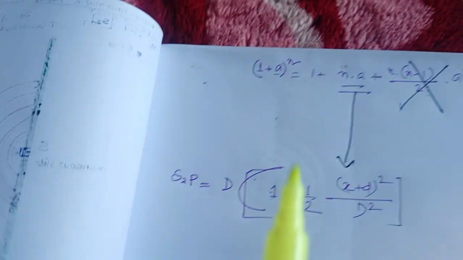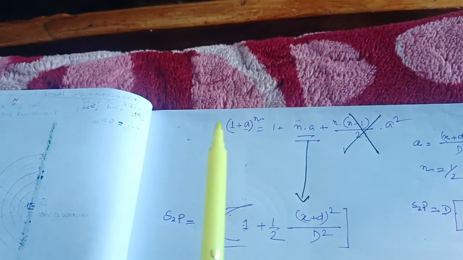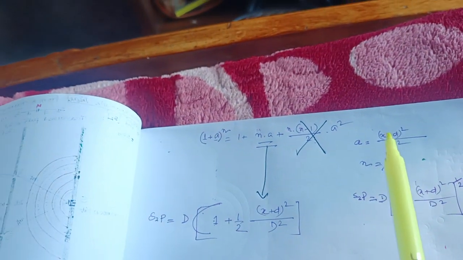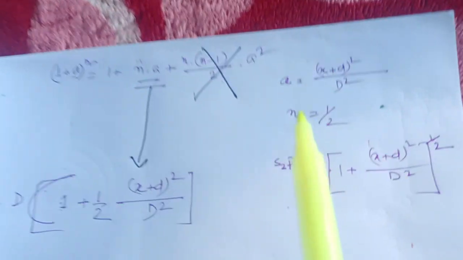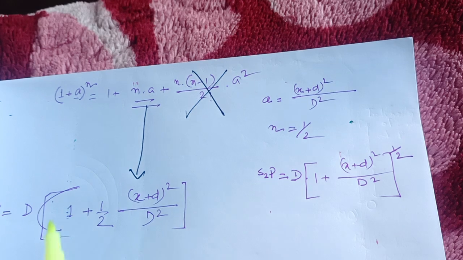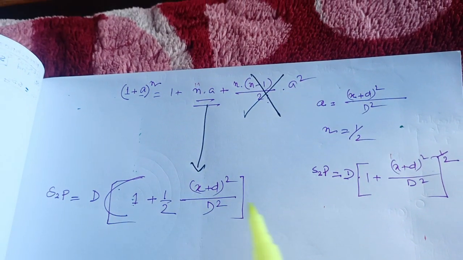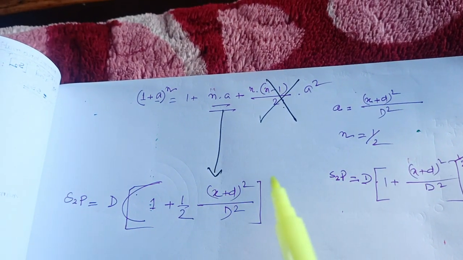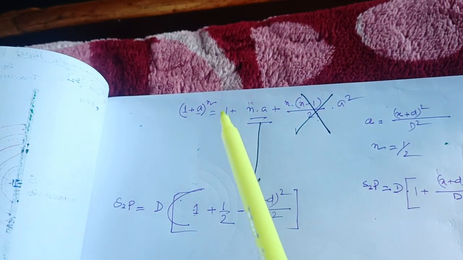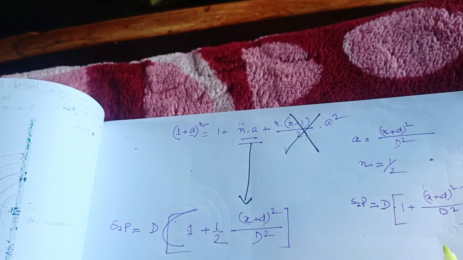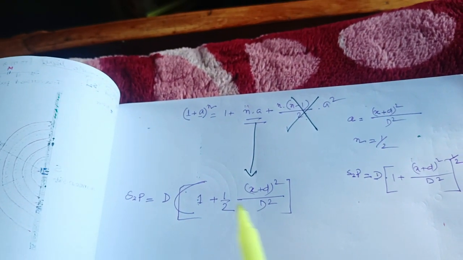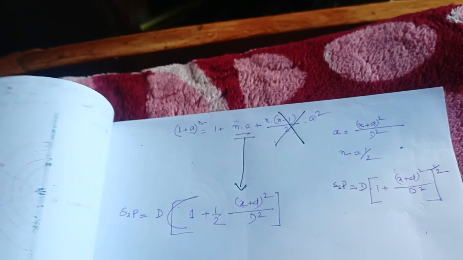Suppose it is the rule and expansion, if we just take this term for each and every given equation, we can see this is only possible if we take this point in A. So by this we are deriving the equation with 1 plus half of (X plus D) square over D square.